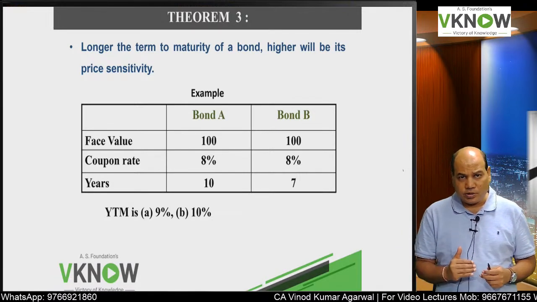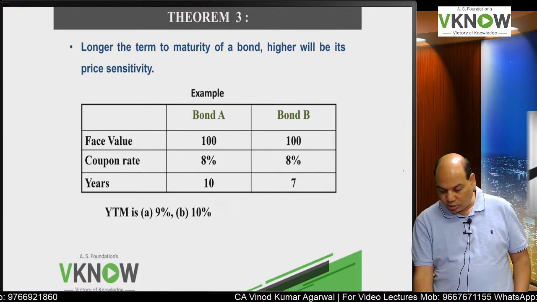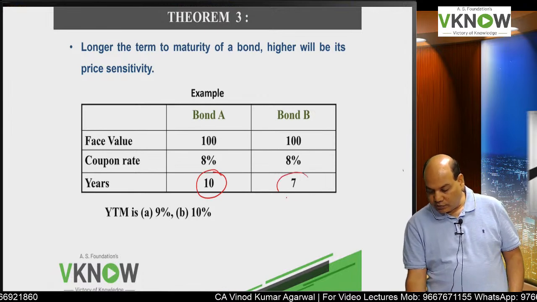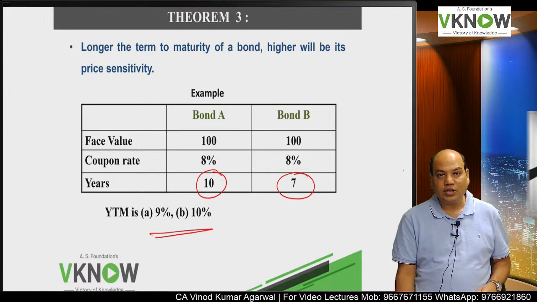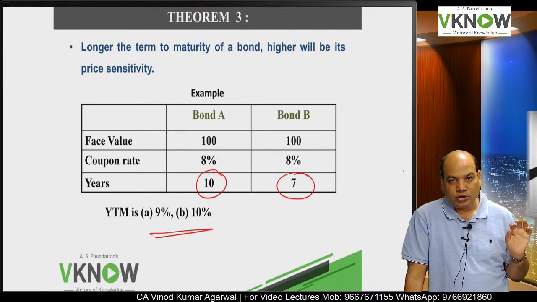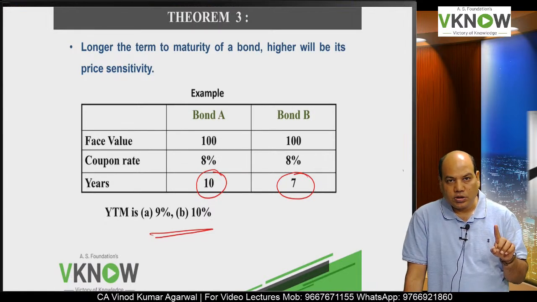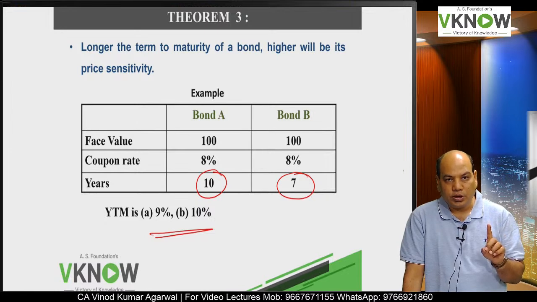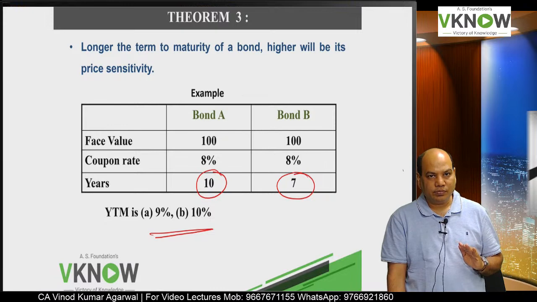It means that if suppose there are two bonds, one has a maturity of 10 years and one has a maturity of 7 years, and YTM changes by 1% from 9 to 10. Change in YTM is by 1%, but the bond which has the longer term to maturity, its price will fall by a higher percentage.